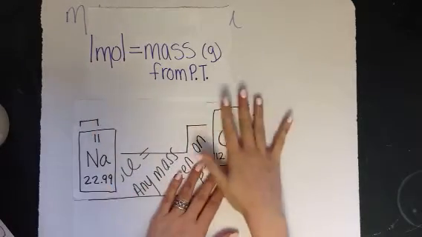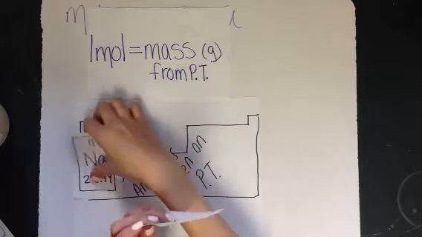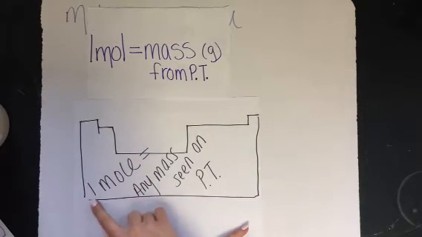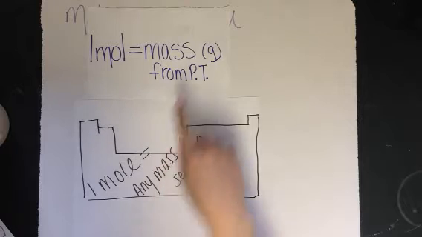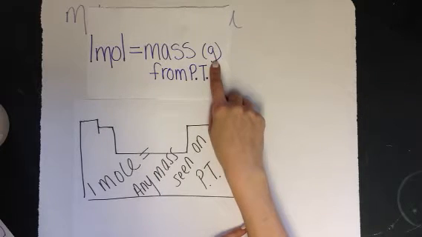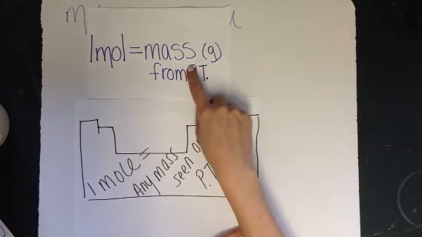I can do that for any element on the periodic table. So that's important to write down. 1 mole is equal to any of the masses seen on the periodic table. We can also, whenever we use mass, use the unit G for grams. So let's remember that. G for grams is the unit for mass.